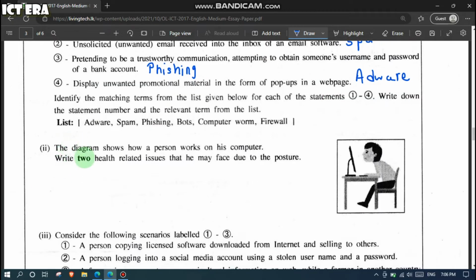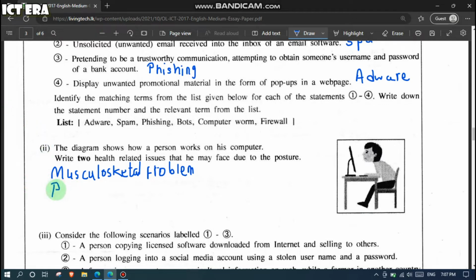And then Roman number 2, the diagram shows how a person works on his computer. Write two health related issues that he may face due to his posture. Now you can see he is in a wrong posture. So possible health issues can be muscle problems or musculoskeletal problems, and then RSI, repetitive stress injury.